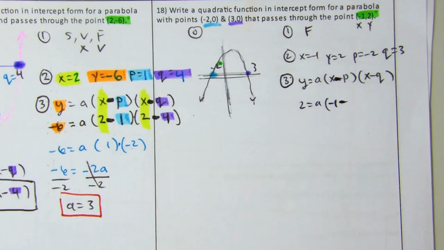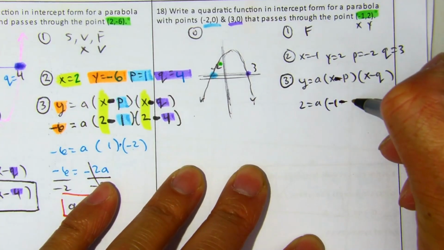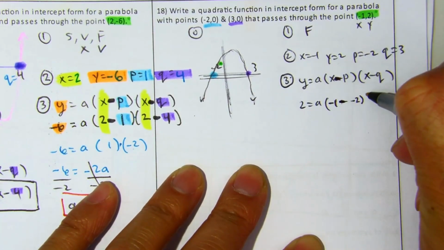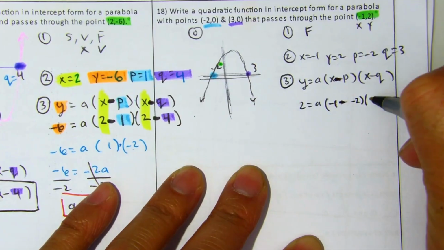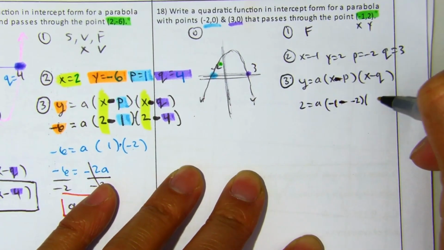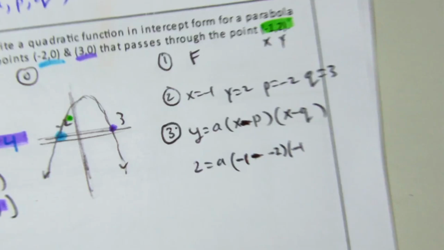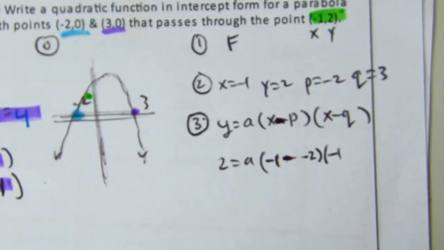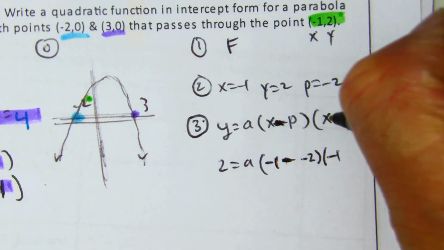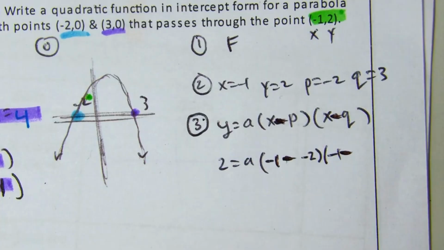Jonathan, your P value. -2. Jonathan, your X value. 1. Positive or negative? Oh, -1. Zoom in. Okay, I don't know, so I'm just going to put a big minus sign. Jonathan, your Q value. 3.